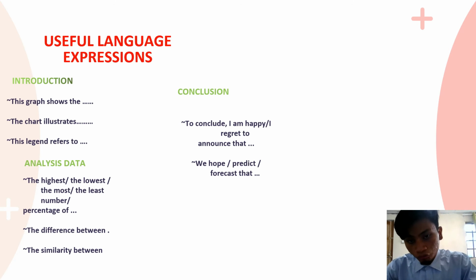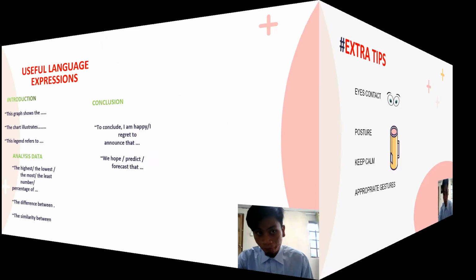And for the conclusion, you can start your conclusion with "to conclude", or "I am happy", "I regret to announce that", or you can begin your conclusion with "we hope", "we predict", or "we forecast that". I hope these tips can help you to improve your presentation skills.